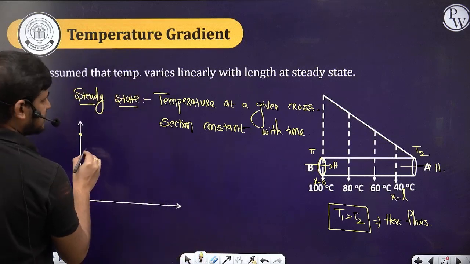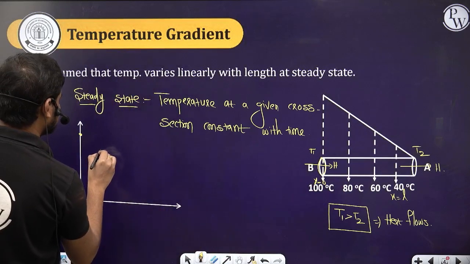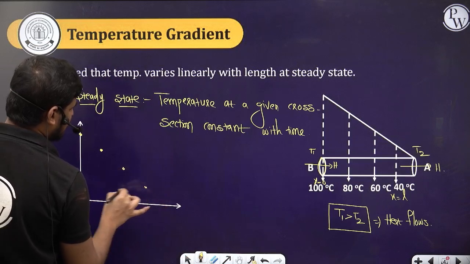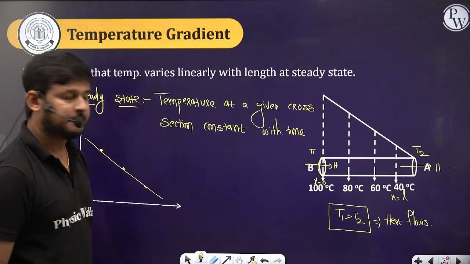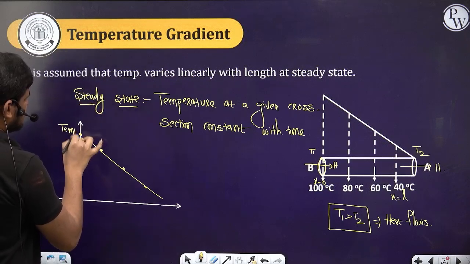And then at x equals 1 meter, the temperature is 80. So then 60, then 40. So like this, the temperature is changing. This is the temperature versus the length L.